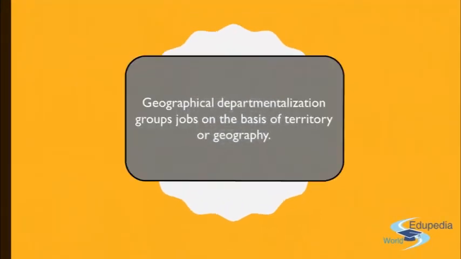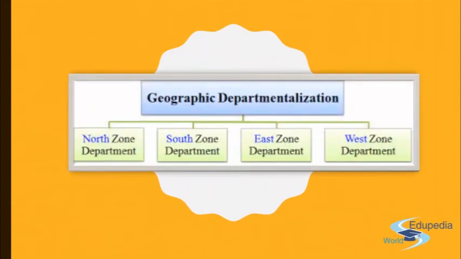Coming to geographic departmentalization. Geographic departmentalization groups jobs on the basis of territory or geography. In geographic departmentalization, an organization is organized along geographic lines. As you can see in this example, we have North Zone Department, South Zone Department, East Zone Department and West Zone Department.